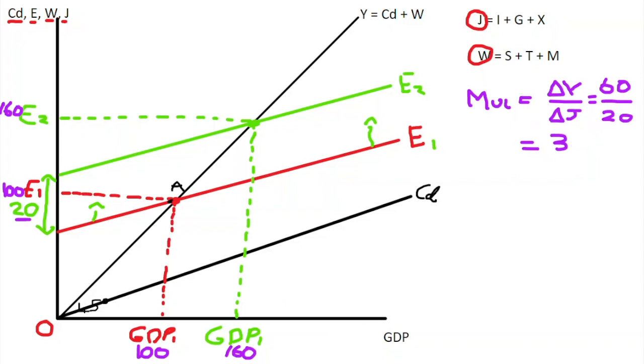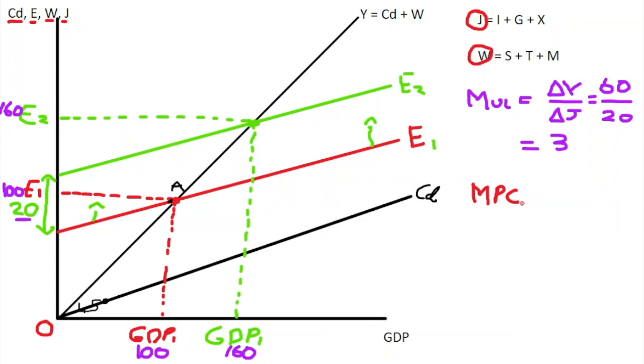Now, the driver of this in an economy is something called the marginal propensity to consume. And this is when your income increases by 1 unit, how much extra you spend. So for example, if your income increased by €100, if you spent an extra €80 out of it, well then that would mean that it's 0.8, so an MPC of 0.8 or 80%.